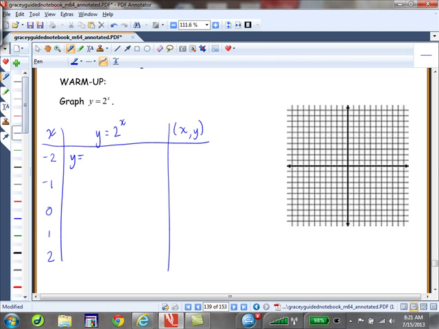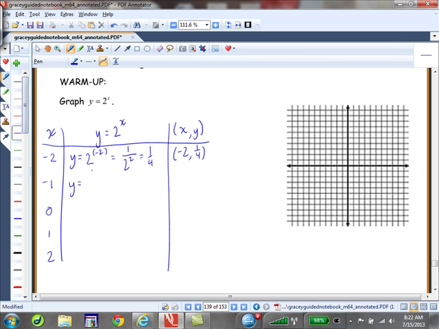When I plug in -2 for x, we get y equals 2 raised to the -2, which is 1 over 2 squared, which is 1/4. So we get the ordered pair -2, 1/4.